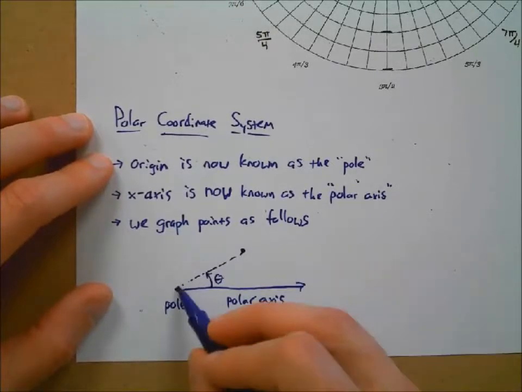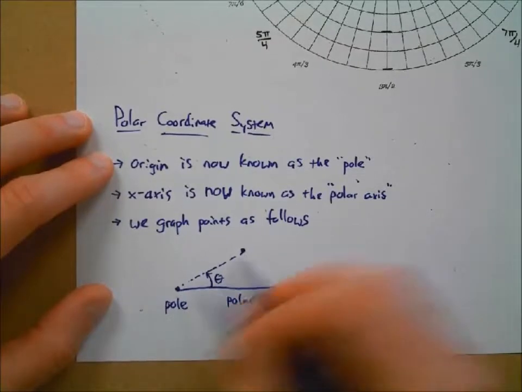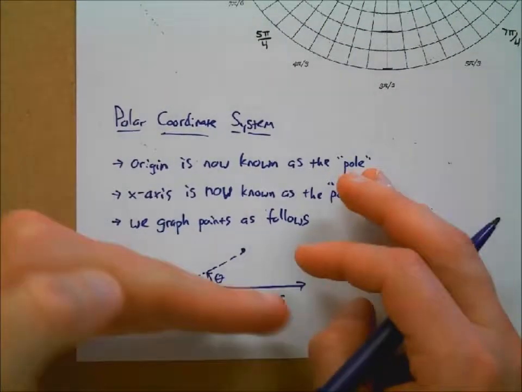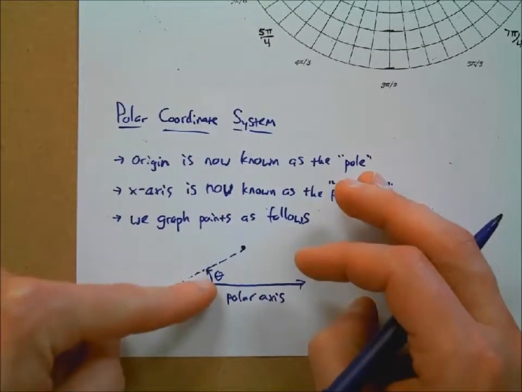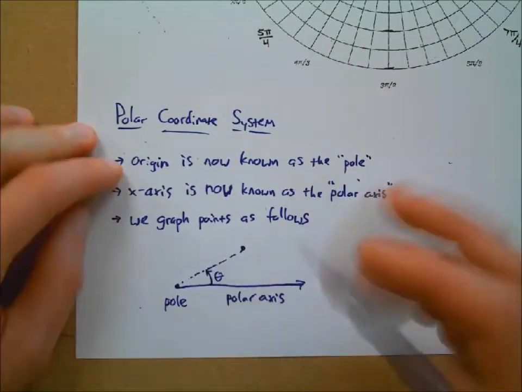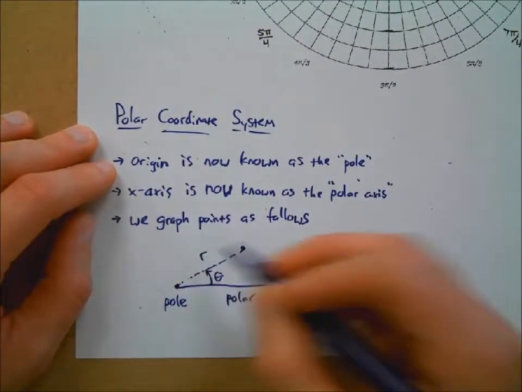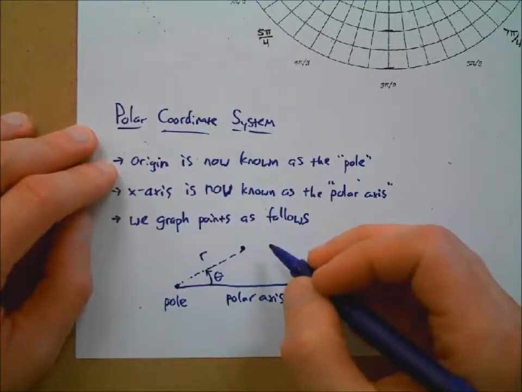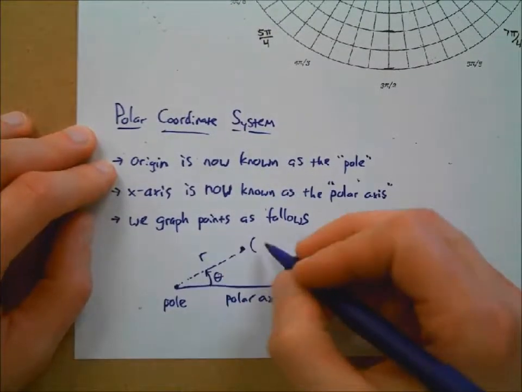We kind of turn our orientation from the polar axis at the pole so that we're now facing the point. And then we will travel a certain distance, and we'll call that distance r, as in a radius, center to edge, and that'll locate our point with the coordinates r, comma, theta.